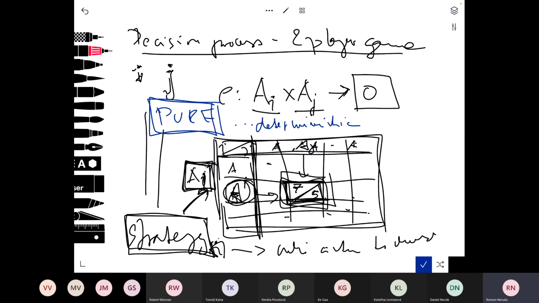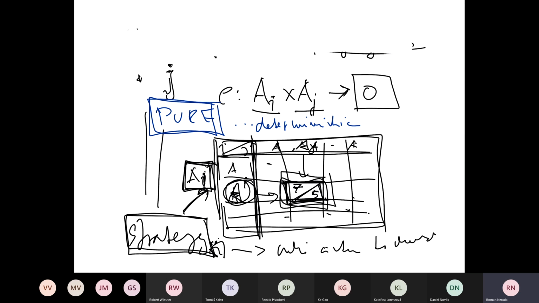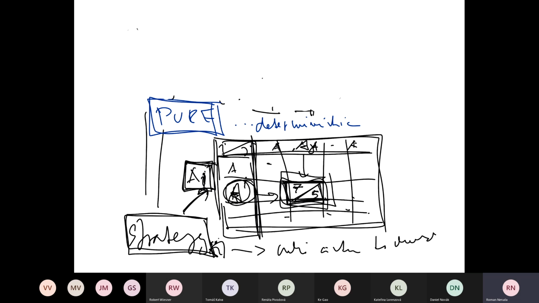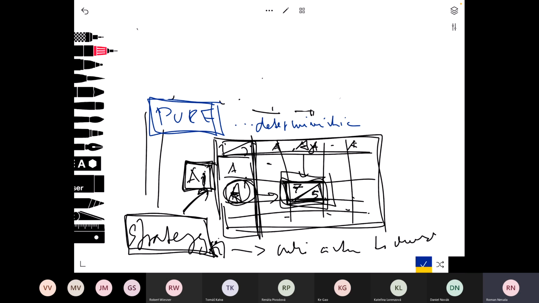If it's pure, it says you choose action 7, you choose action 5. That's it. The name pure suggests the opposite should be dirty, but it's not called dirty, it's called a mixed strategy.